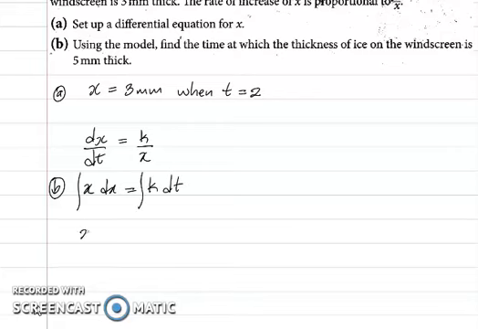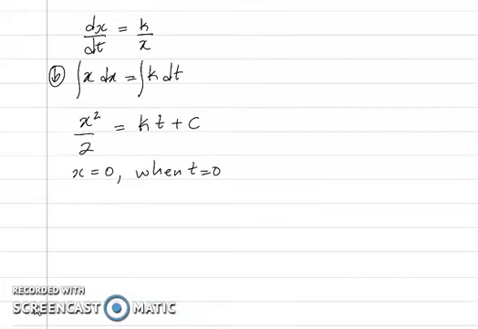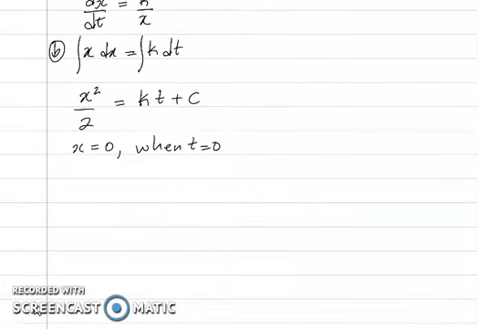We're going to get x squared over 2 is equal to kt plus c. Here's another boundary condition. x is equal to 0 when t is equal to 0. Essentially that is saying just before freezing starts, the thickness of ice was 0, which makes sense. If there's no freezing, there's no ice.